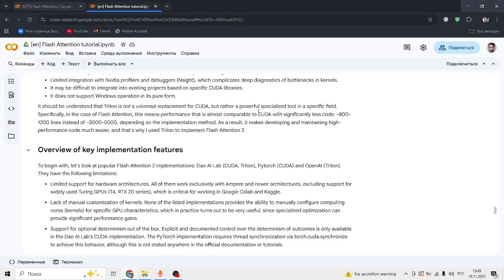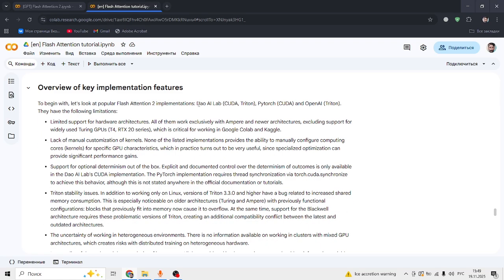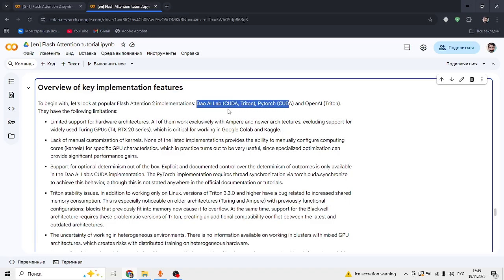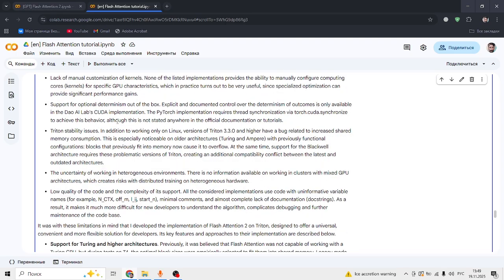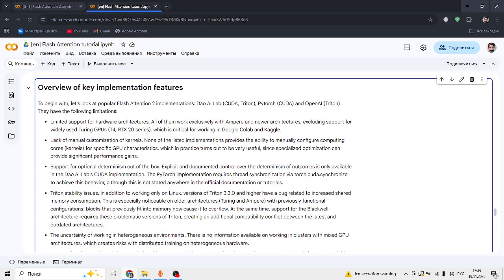We will start by looking at existing implementations of FlashAttention 2. There are three popular solutions: from Dao AI Lab on CUDA and Triton, PyTorch on CUDA, and OpenAI on Triton. This is very long to read, but I will tell you the main drawbacks.